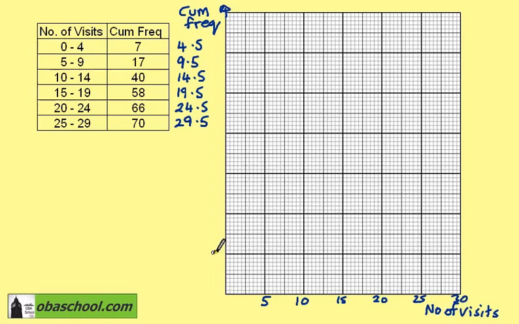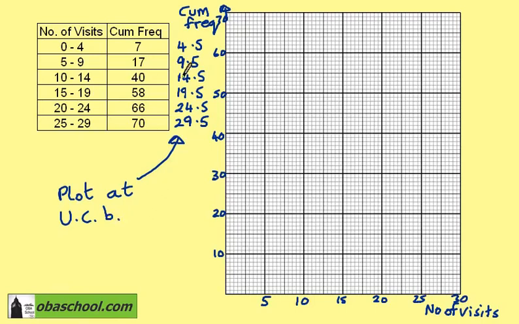For the vertical axis, going up to 70 pieces of data, we'll use 1 square to represent 10 pieces of data. So we plot at the upper class boundaries. That means the first point we plot will be at 4.5, 7.